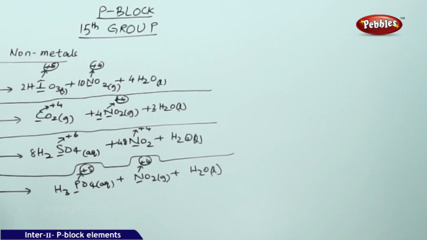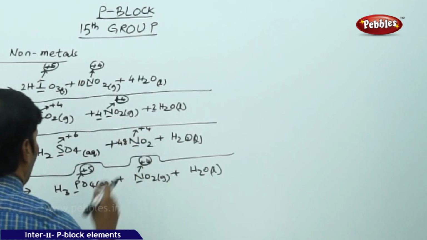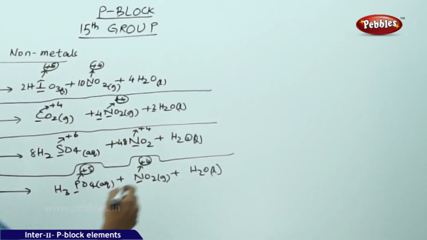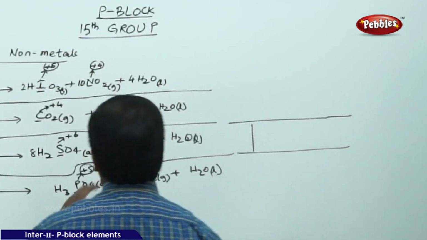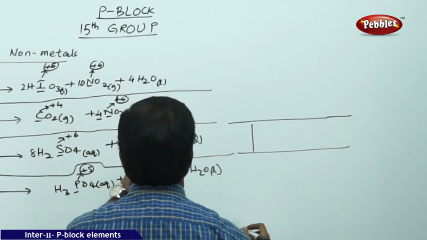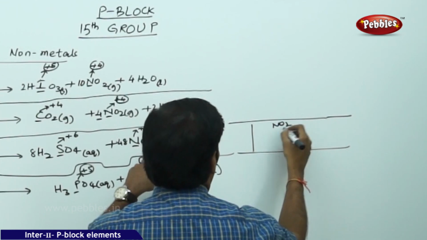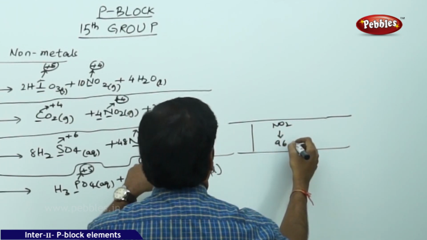If you take 48 times 3, that is 144, plus 8 times 4 is 32, and 12 plus 2 oxygens. The 48 times 2 is already there in the case of nitrogen dioxide, so in nitrogen dioxide we have 96 oxygens.